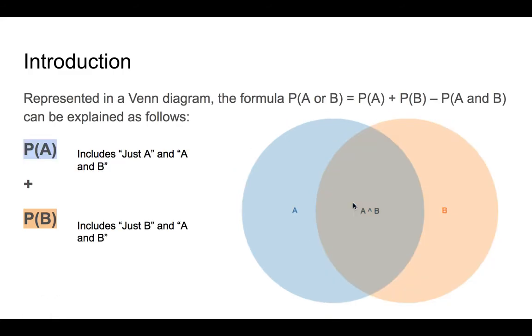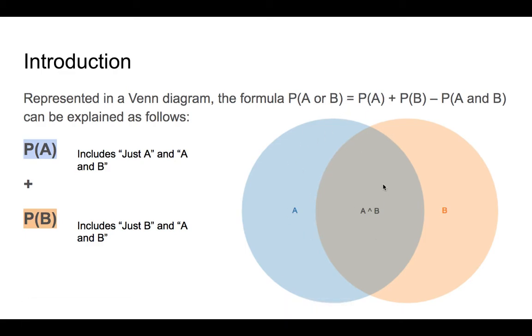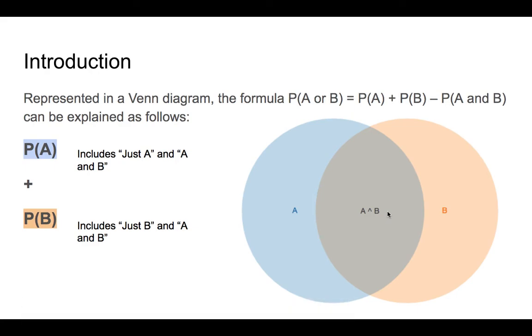So if you add both, you will be adding the probability of just A, the probability of A and B, and again, the probability of just B, and this one, so you will be adding this portion twice. That cannot be right. We cannot add this thing twice just because.